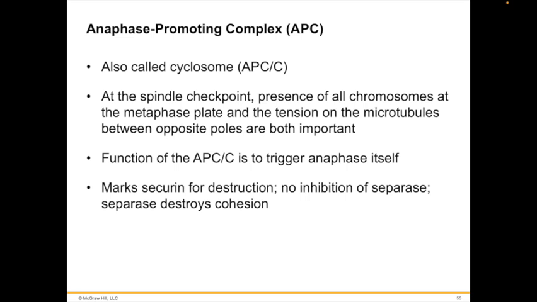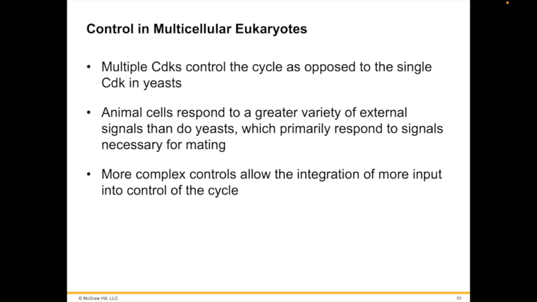The signal to degrade a protein is the addition of a molecule called ubiquitin, and APC/C acts as a ubiquitin ligase. So as we learn more about APC/C and its functions, it is clear that the control of its activity is a key regulator of the cell cycle.